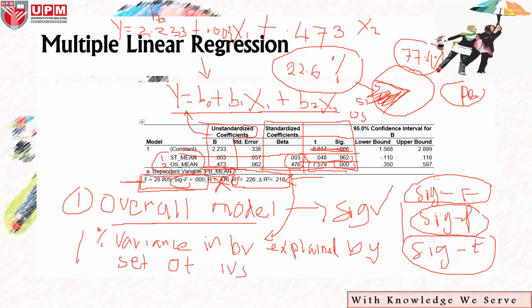Understand? This 22.6%, we develop another pie chart, in which 47.6% is explained by organizational support, and another small portion, 0.3%, is explained by social trust.